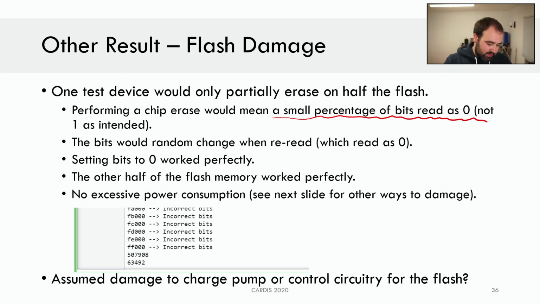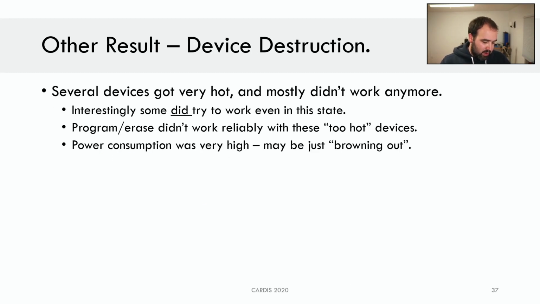You could program the bits to 0 totally fine. It was just when you were trying to erase them. There was also no obvious damage in terms of excessive power consumption. So it might be that there's some minor damage to the charge pump or control circuitry or something like that.